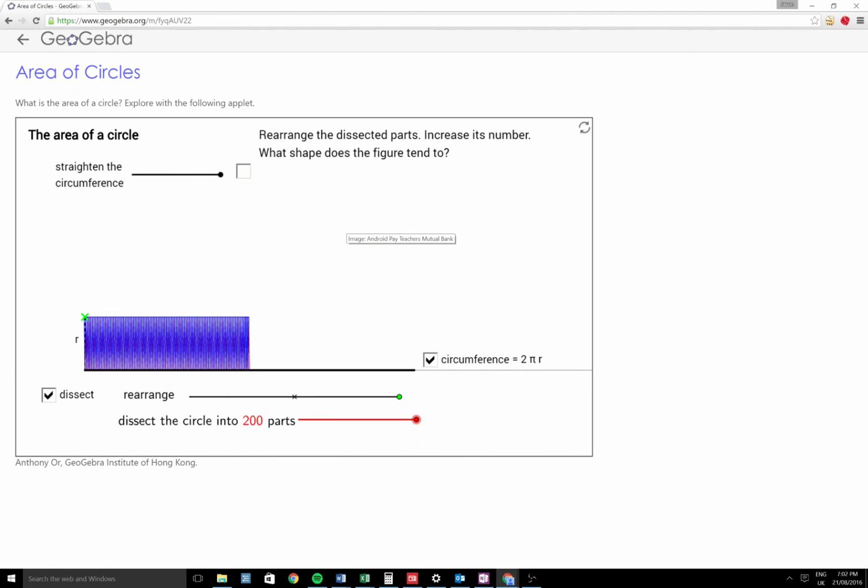As you can see, the radius is one side, and half the circumference is the other side. So this is where one of the r's in the square comes from, and the other one comes from the circumference, and the pi comes from the fact that we times the radius by pi to get the circumference.